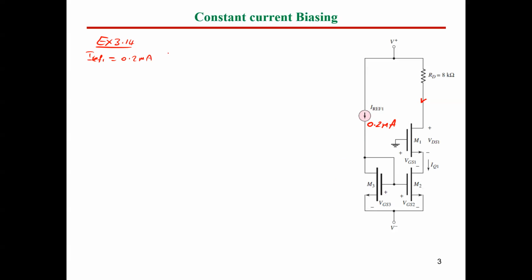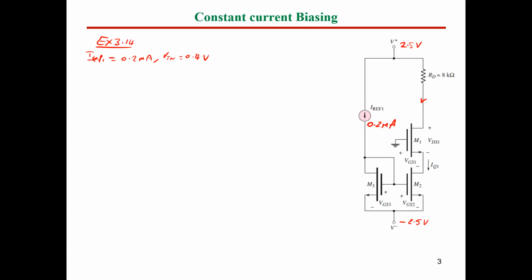And we assume that V plus equals 2.5 volt and V minus is minus 2.5 volt. And we assume that the threshold is constant for all transistors, 0.4 volt.